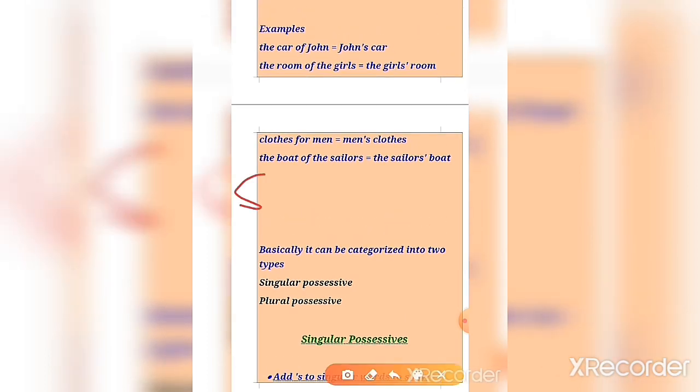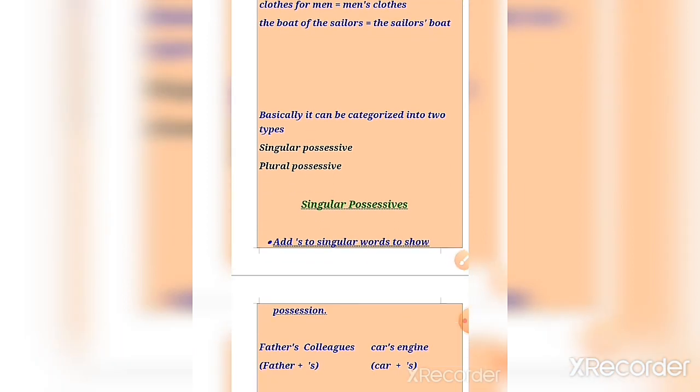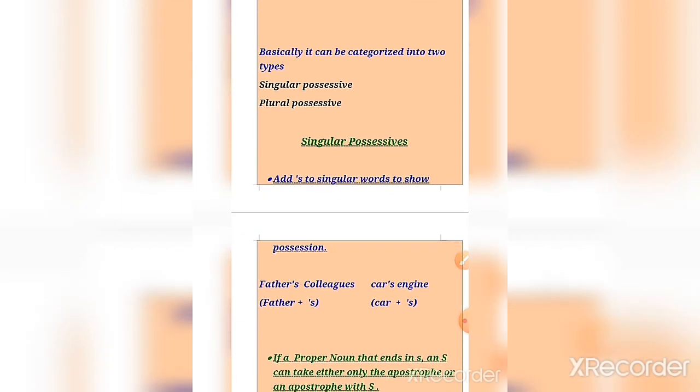Here sailors ends in s, so we only put an apostrophe after it. Clear? I hope that this concept is clear to you. Now let us see further. Basically, it can be categorized into two types, that is the singular possessive and the plural possessive.